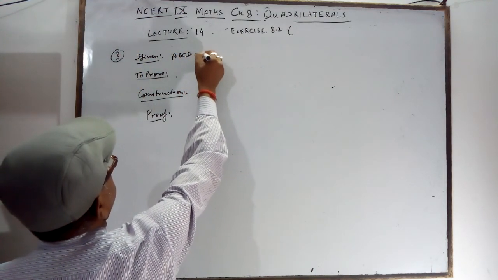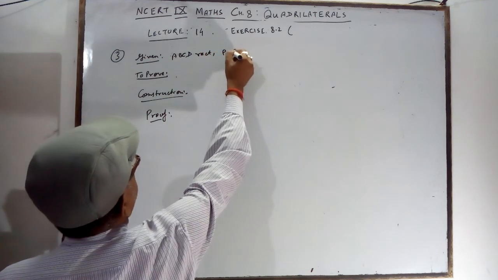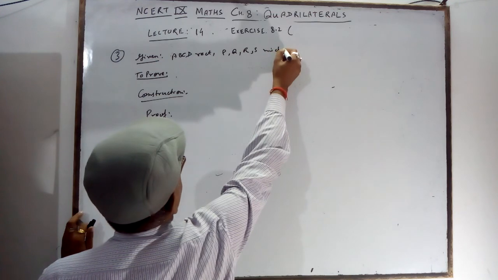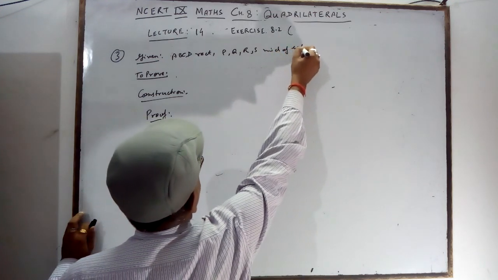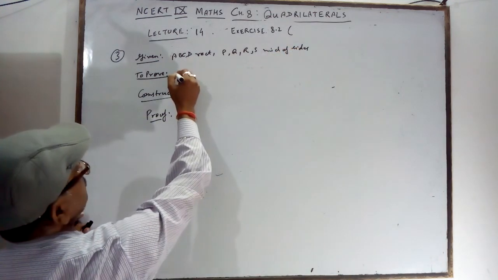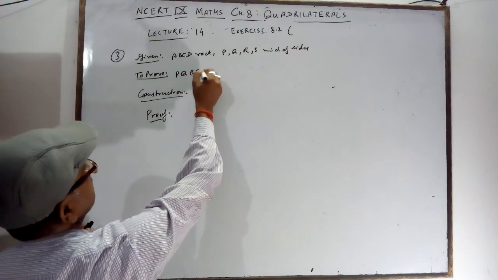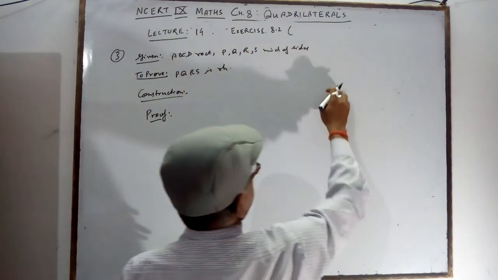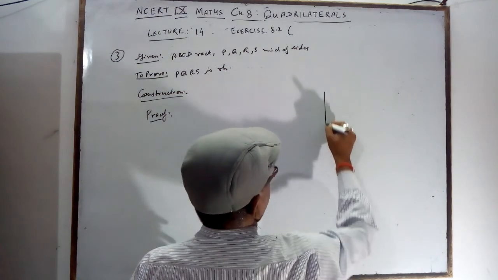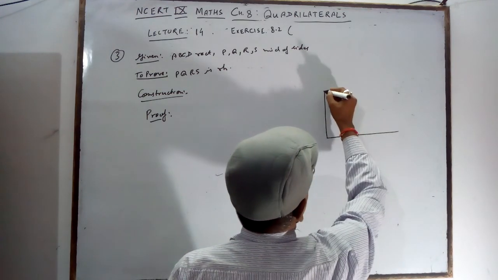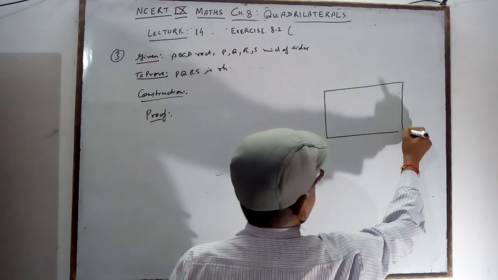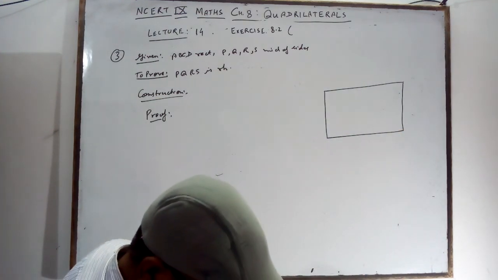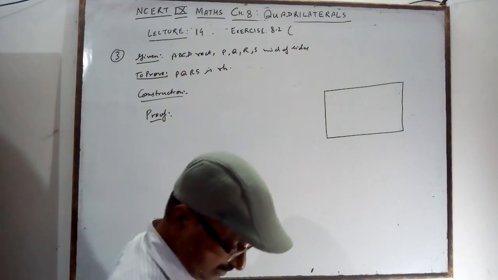ABCD is a rectangle, PQRS are midpoints of the sides. To prove: PQRS is a rhombus. So you draw a rectangle. Rectangle you have drawn, ABCD. You want to prove it is a rhombus.